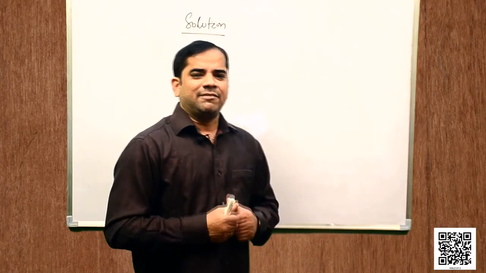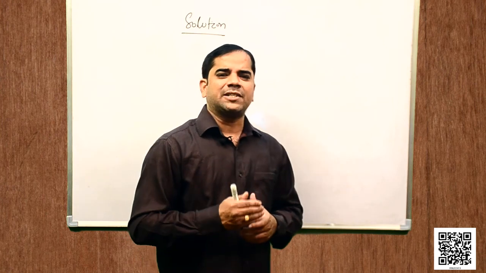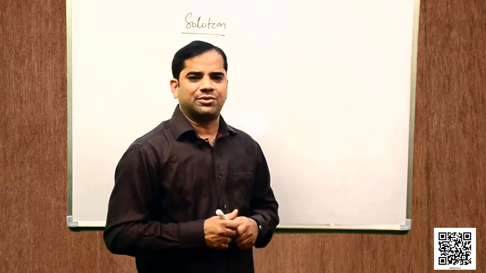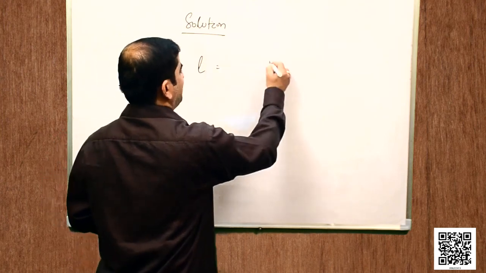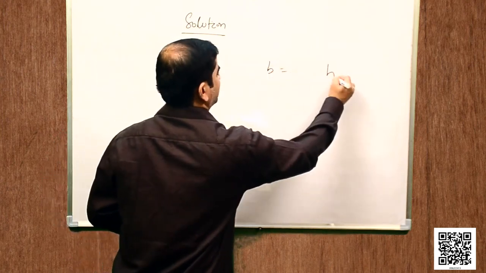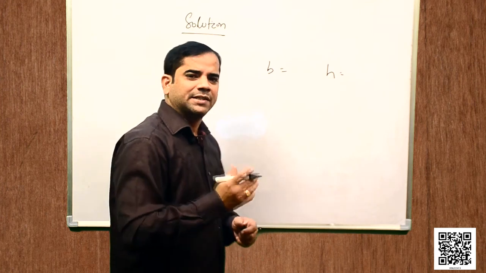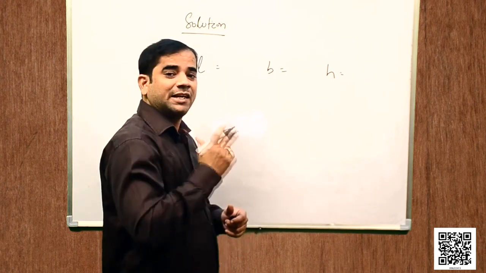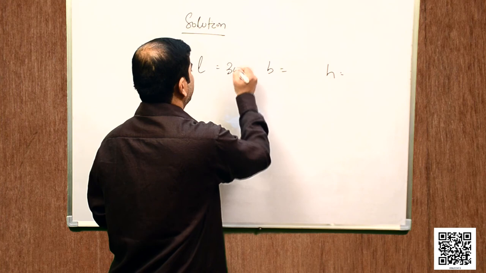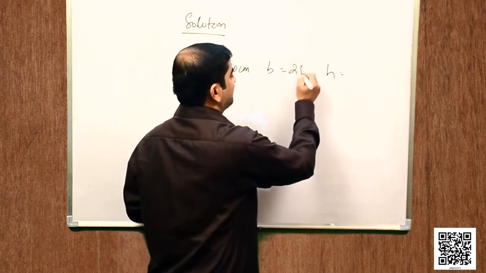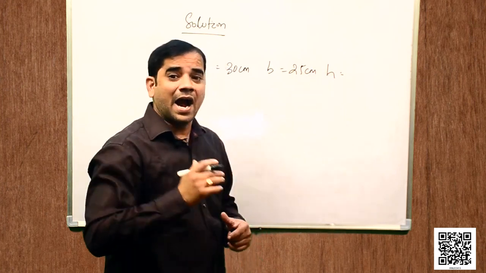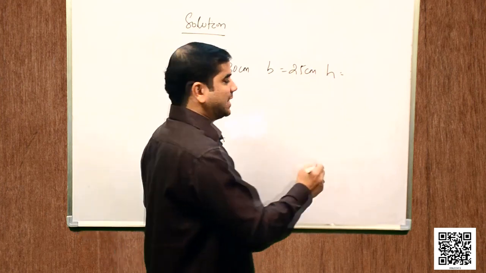As per the given data, the dimensions of the greenhouse, that is L, B and H, are: length is given as 30 centimeter, breadth is given as 25 centimeter, and height is given as 25 centimeter.